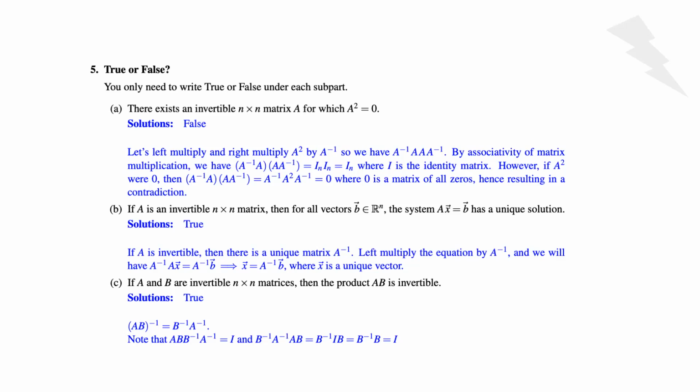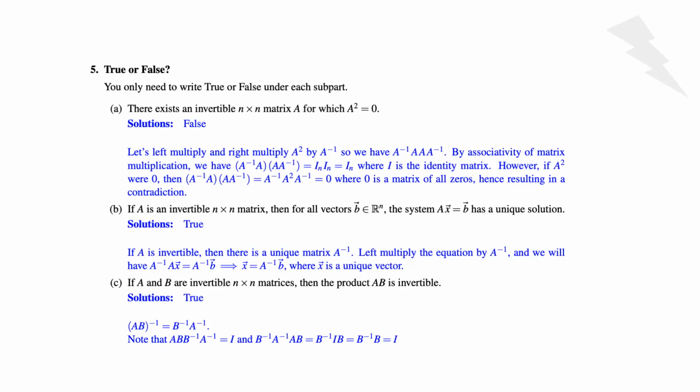Okay, so for A, it says there is an invertible n by n matrix A for which A squared equals 0. All they did in this explanation is left multiply by A inverse, and then A inverse times A would equal the identity matrix.